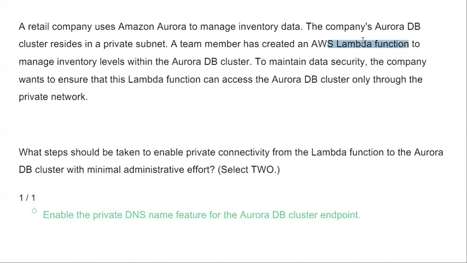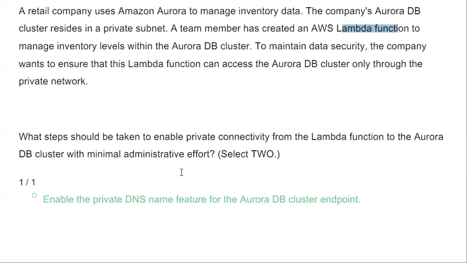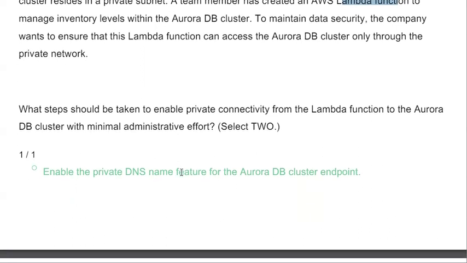By using this Lambda function only, we are connecting to Aurora and managing our inventory data. So now the requirement of the company is that we need to connect to this Aurora using this Lambda over a private network only. So what are the best options that we need to choose here?